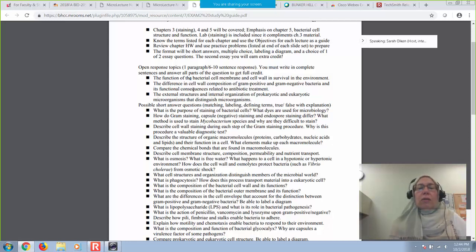I didn't go over all of the details, but I went over the most important details to remember, and how antibiotics such as vancomycin and penicillin, which was the example I gave, target the cell wall of gram-positive but not gram-negatives. And then external structures and internal organization of prokaryote and eukaryote microorganisms.